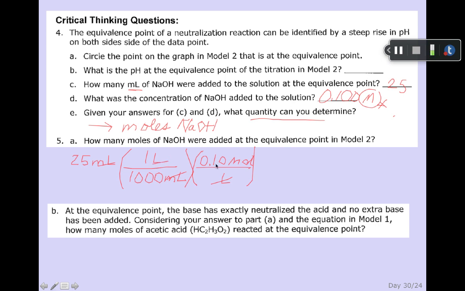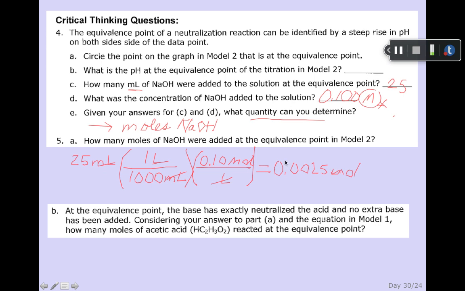And now we can do a little bit of math with our calculators. 0.1 times 25 is 2.5 divided by 1,000. And that's not too tricky, but get out your calculator and verify it with me. 2.5 thousandths is 0.0025 moles of sodium hydroxide. Verify that you know how to do this on your calculator because you should be good at these too.